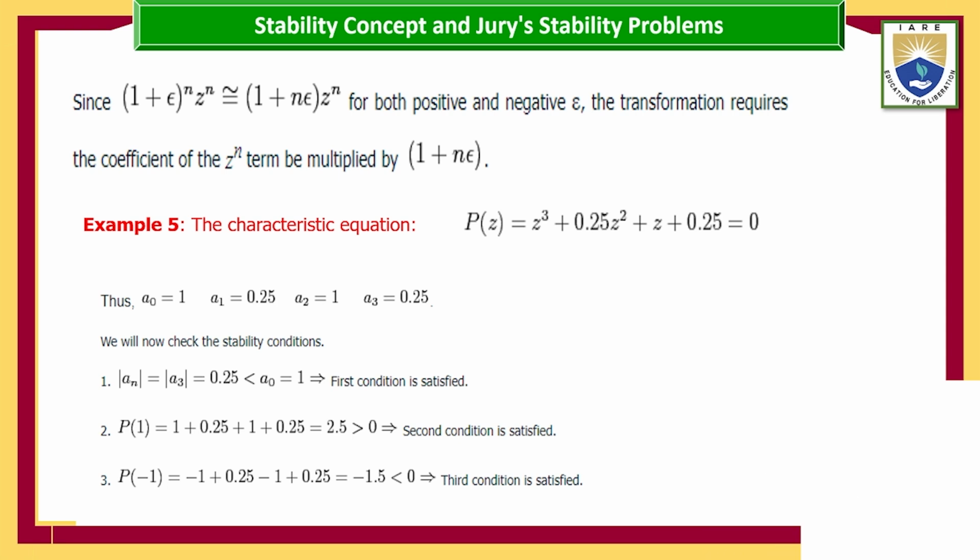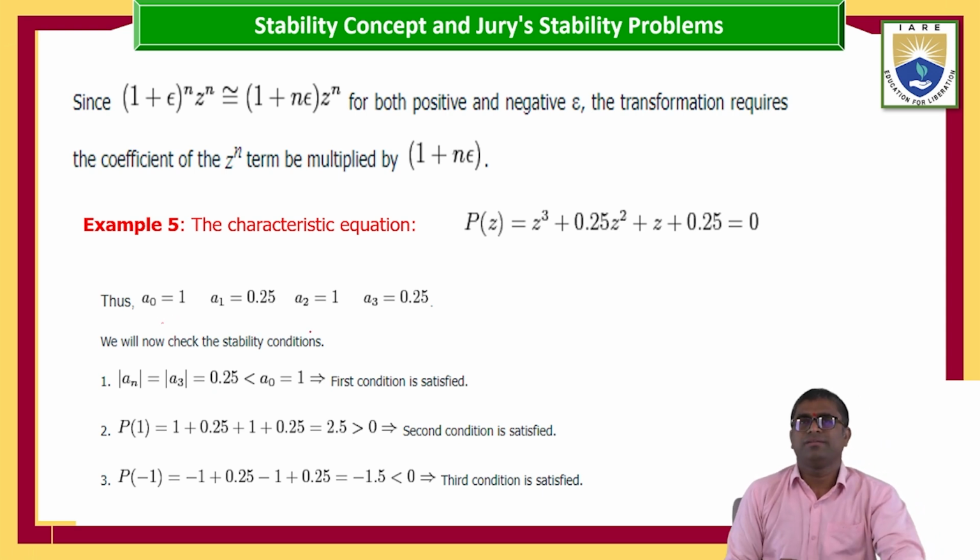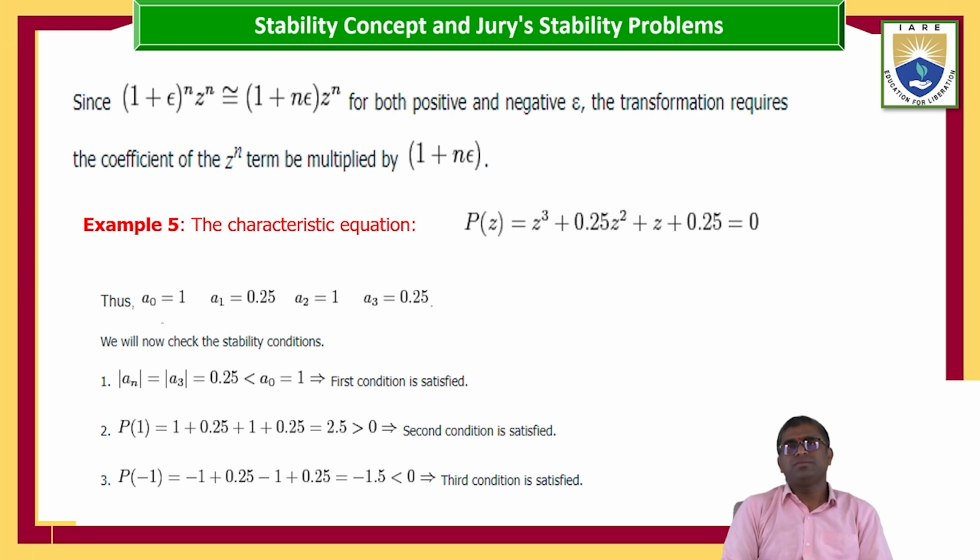Taking as a transfer function of the binomial equation, that is z cube plus 0.25 z square plus z into 0.25. Okay. What is the A0 value here? A0 value is 1, A1 is 0.25, A2 is 1, A3 is 0.25.